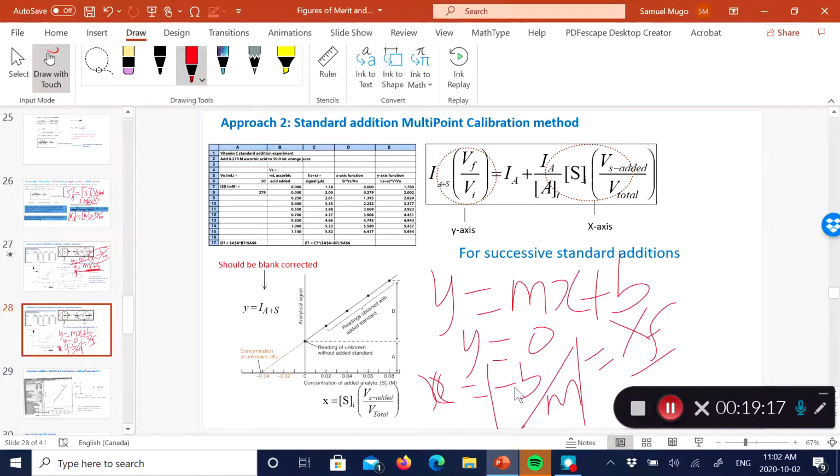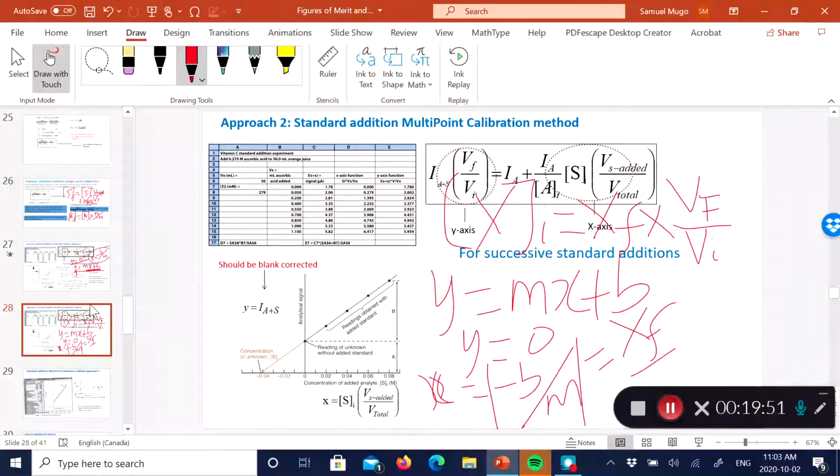Now the analyte final has not accounted for the dilution. And so to get the x initial, which is what you are interested in, the analyte before the dilution, is going to be equal to the x final, which is just this intercept, multiplied by the concentration factor, which is the volume final divided by the volume that you initially had.